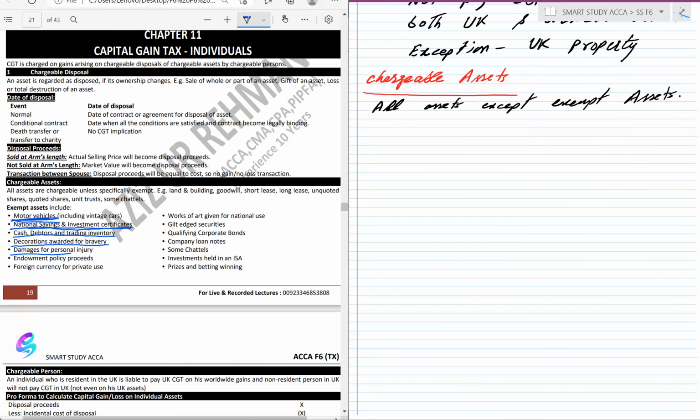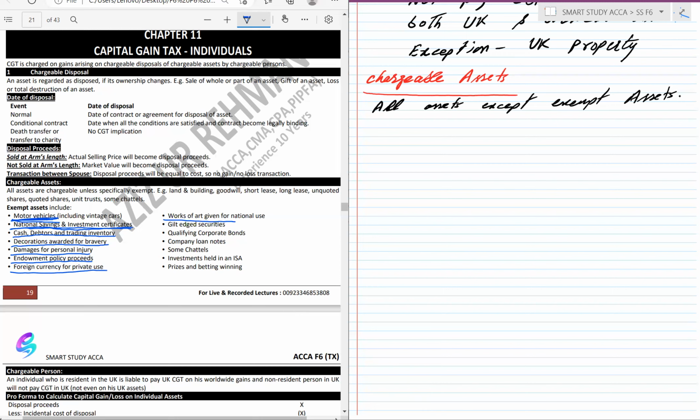Damages for personal injury from the insurance company are totally exempt. Endowment policy proceeds. This is basically a policy for the employees. Detail is not required over here. So if in your exams it is mentioned that you have received any receipt from an endowment policy, it is totally exempt. Foreign currency. If you are holding any foreign currency for your personal use, it is totally exempt.